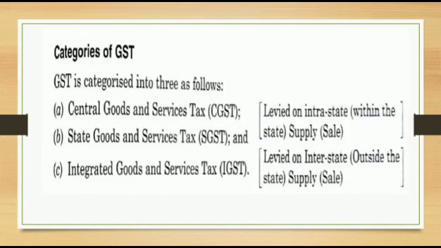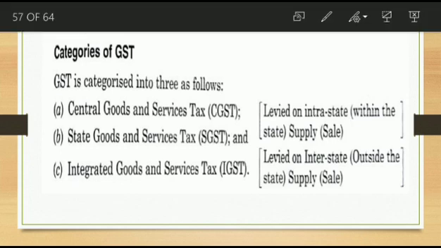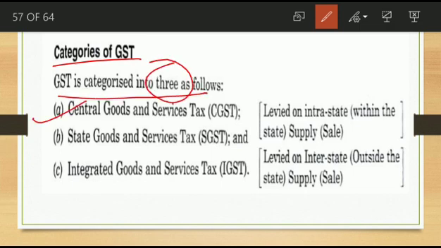Now, these categories of GST, what I explained, the same thing is given. Categories of GST. GST is categorized into three. What are they? Central Goods and Services Tax, State Goods and Services Tax, and Integrated Goods and Services Tax. I indicates Integrated Goods and Services Tax, IGST.